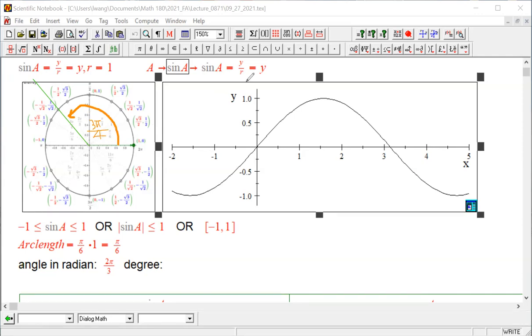It's arc length measured from here. This arc length, and I take it out, stretch it straight. Okay, what do I get? This is a positive angle, so it's going to be on the positive side.